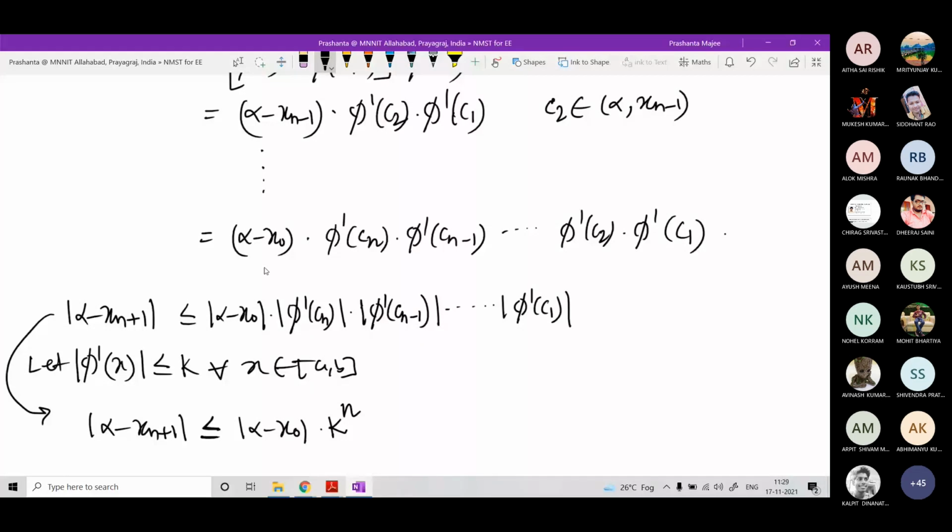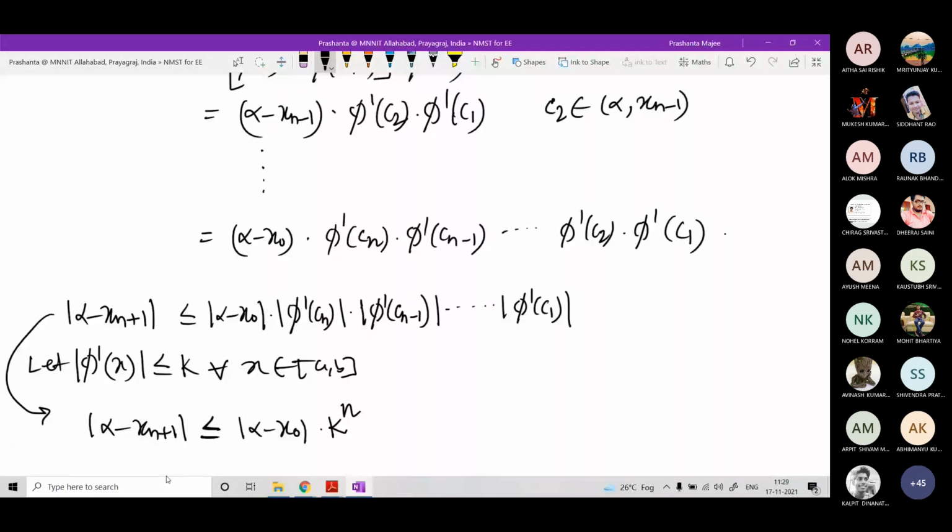That is the error in the n plus 1th step. So that error should be decreasing as the iteration increases. Then only you will get the root, is it not? xn should be converging towards the value alpha. That means the difference alpha minus xn plus 1 should be tending to 0. This limit should be 0.